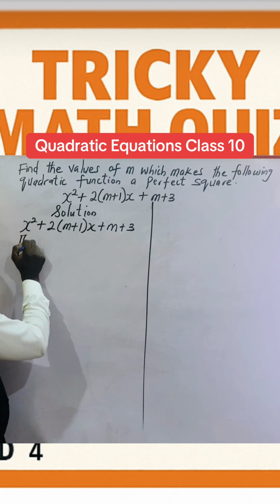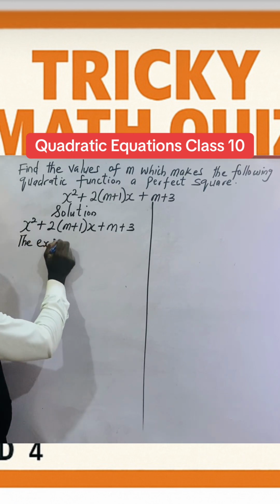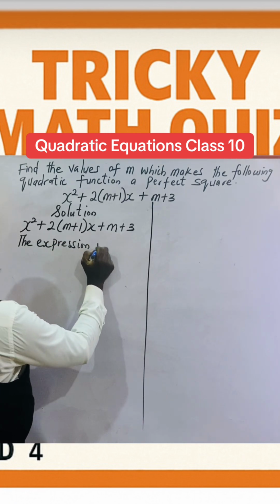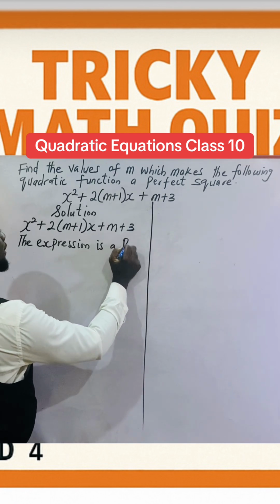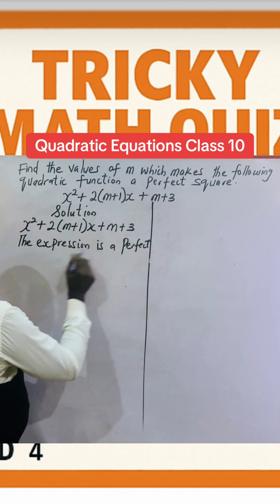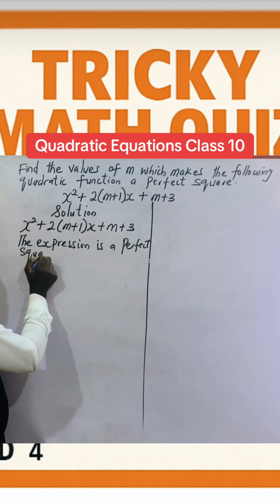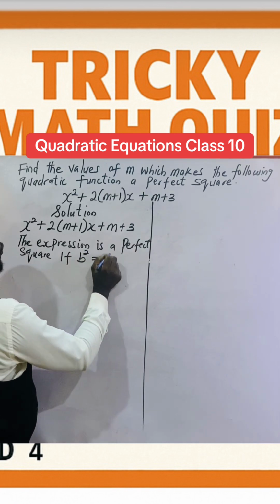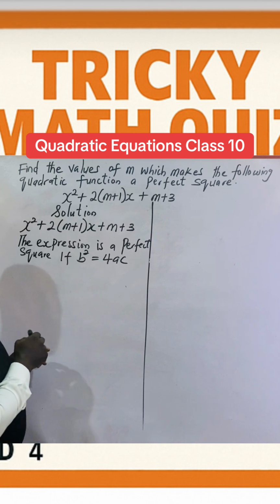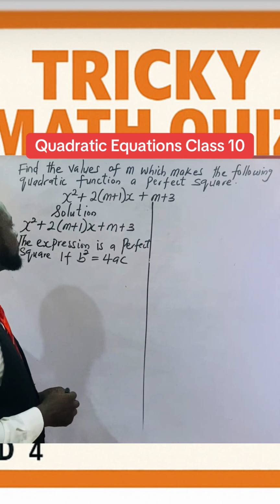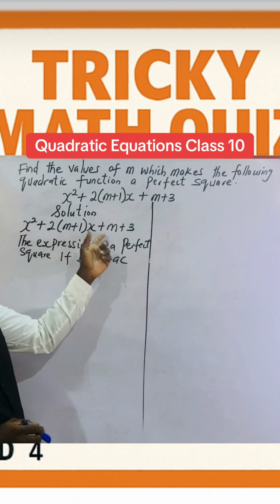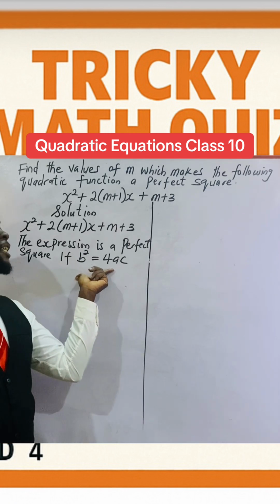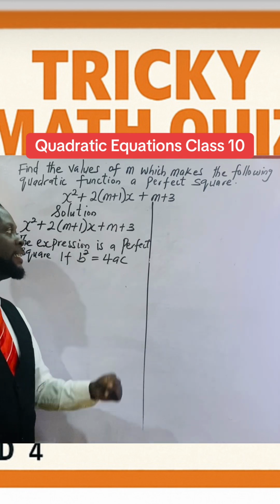The expression is a perfect square if b squared is equal to 4ac. So I'm going to explain this. This expression, this function, can only be a perfect square if this condition is valid.